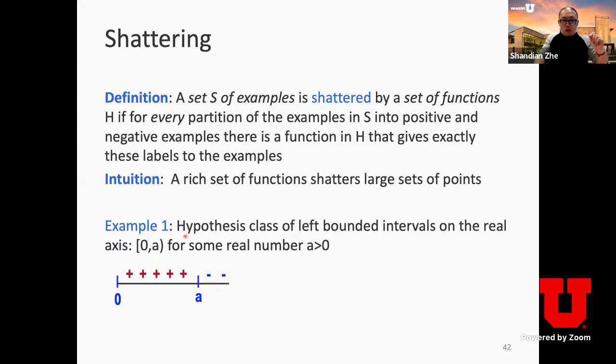How can we use this left bounded interval to classify points? Our rule is as follows: for any point inside this interval, we classify it as positive; for any point outside this interval, we classify it as negative.